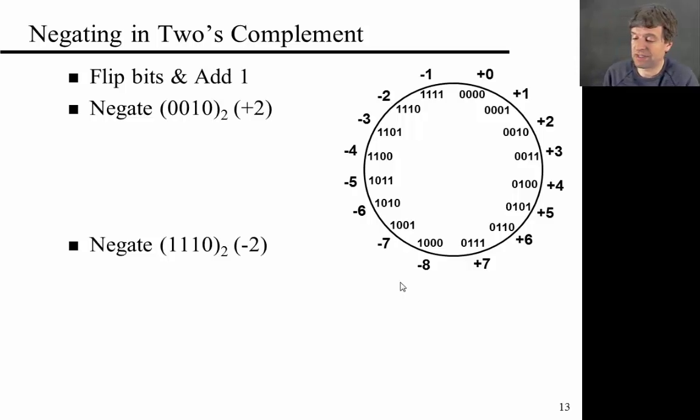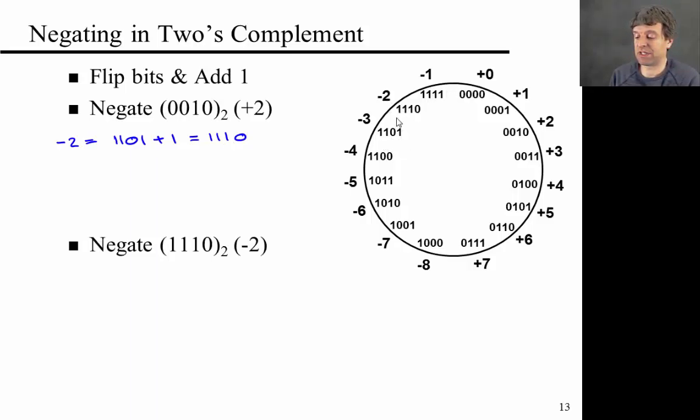So for example, if you want to negate the number 2, you want to get -2. Well, -2, according to this algorithm, is flipping all the bits of 0, 0, 1, 0 gives 1, 1, 0, 1, and you're adding 1, which is equal to 1, 1, 1, 0.